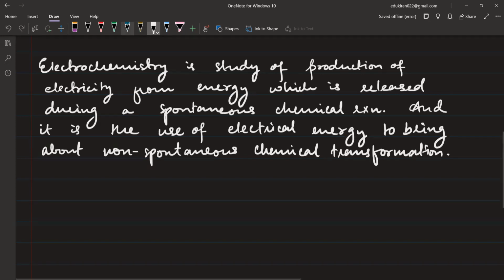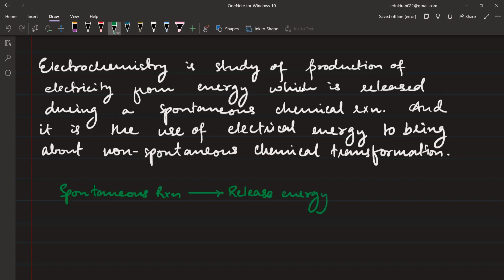Now, whenever we have spontaneous reactions, this spontaneous reaction is going to release energy, and this can be converted to electricity. Okay.